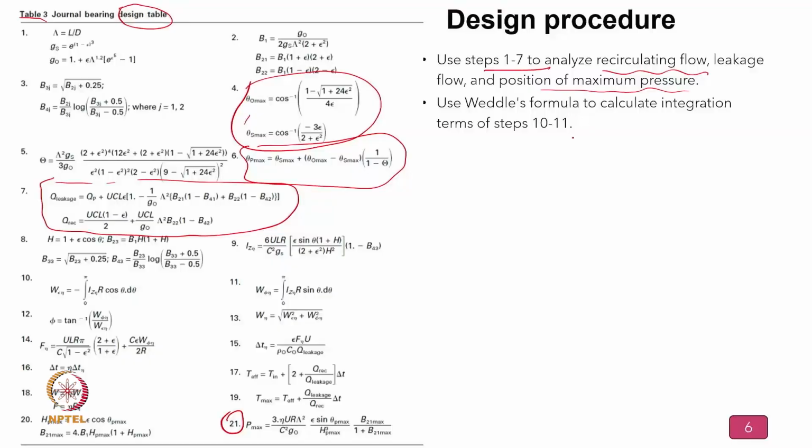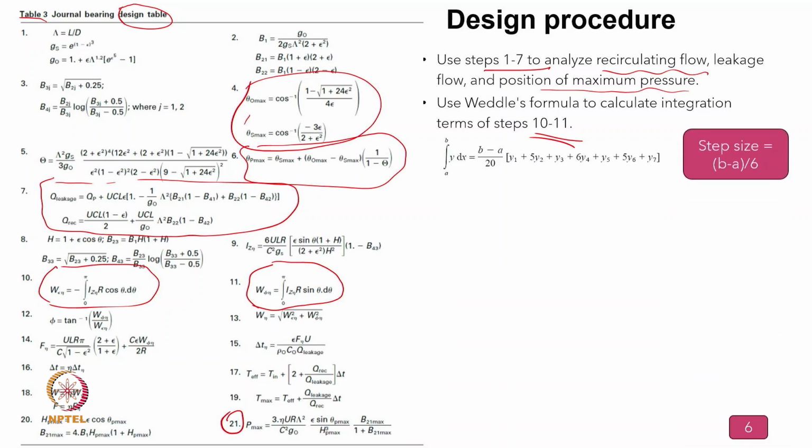Now coming to steps 10 and 11, to evaluate the load carrying capacity we need to integrate this portion, so we utilize steps 10 and 11. Just to simplify, we have used a 7-step consideration, or 6 intervals you can say, where the step size is mentioned as (b minus a) divided by 6. This is the upper limit and this is the lower limit. Sometimes we say a is equal to 0 and b is equal to pi, that's an approximation.